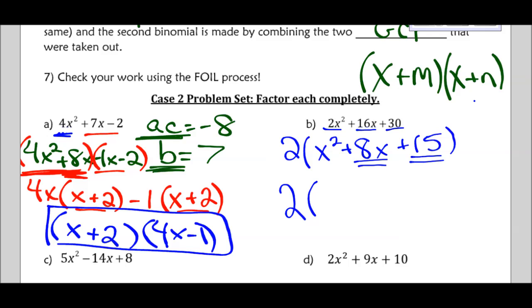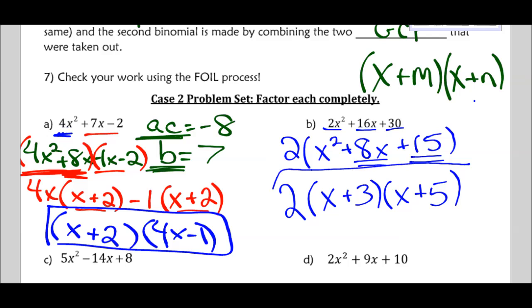What multiplies to be 15 and adds to be 8? 5 and 3. So x plus 3 and x plus 5. That is a lot easier than that. That's why we want to see if there's a GCF in the beginning. If you factor out a GCF, sometimes it just becomes a 1 in front, and that process is a lot less work than factoring by grouping.